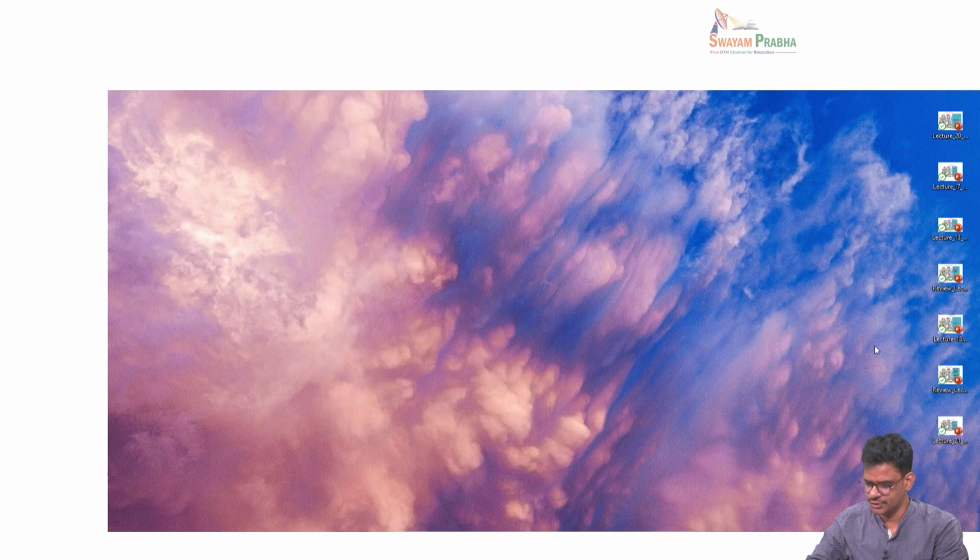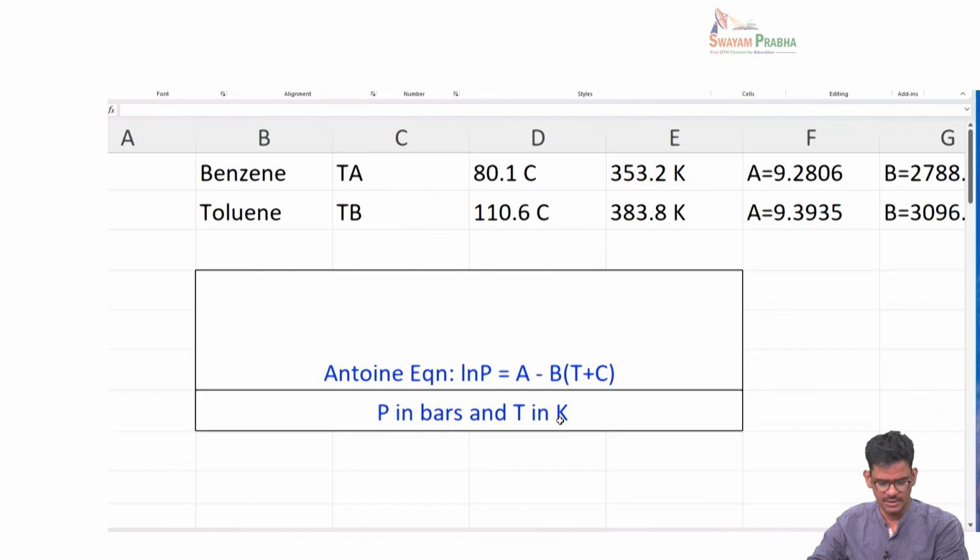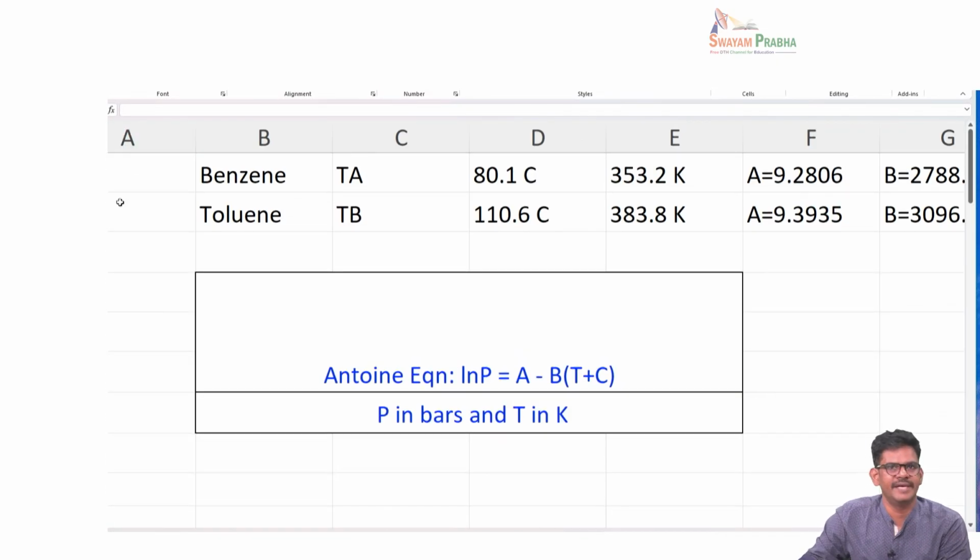Now let me show you an example of this calculation. I am looking at two components A and B, benzene and toluene. Benzene and toluene are very similar, both are aromatic. Toluene has one extra methyl group on the benzene ring, but otherwise they are chemically very similar. Because of this, they can be approximated as ideal solutions, and measurements have shown that they follow Raoult's law closely.